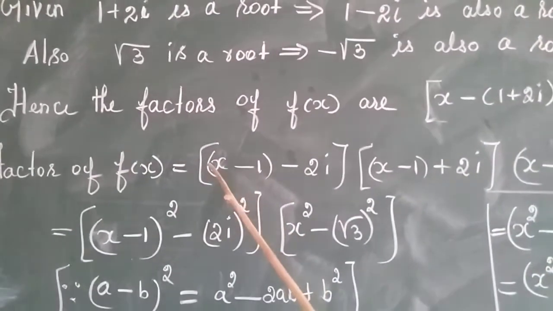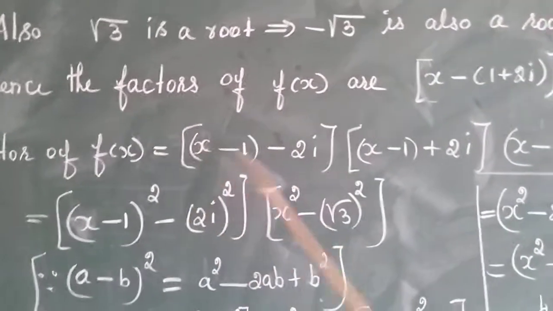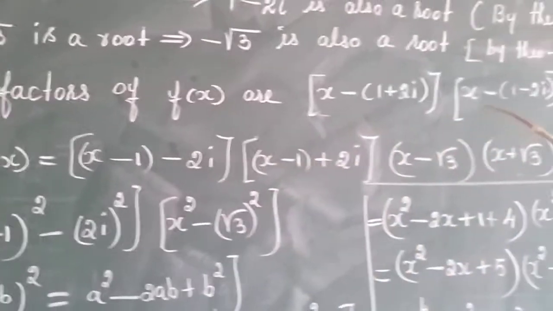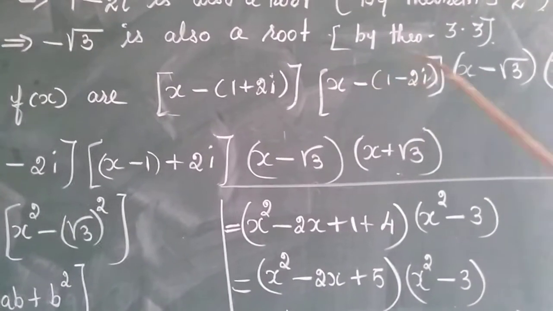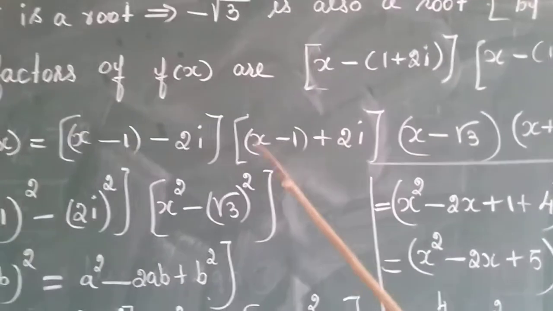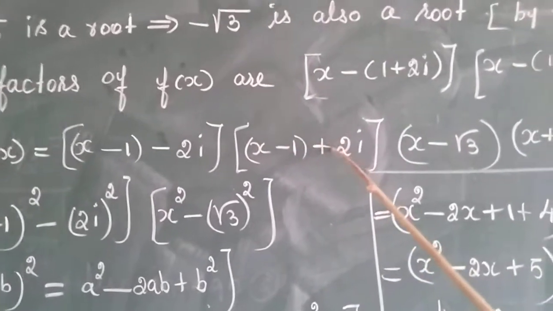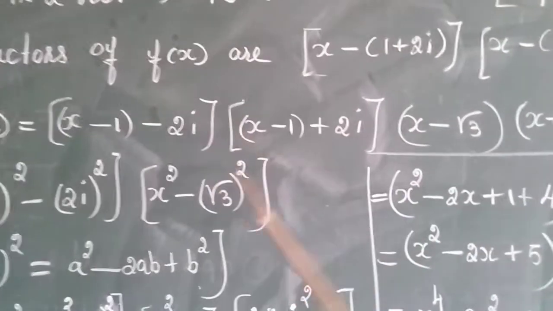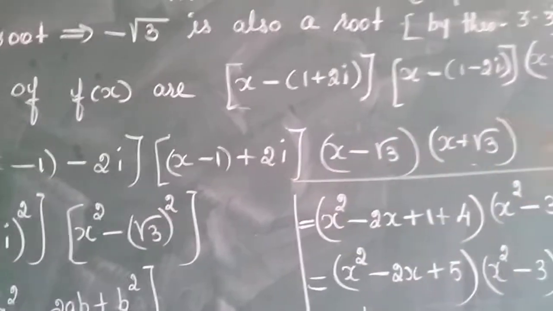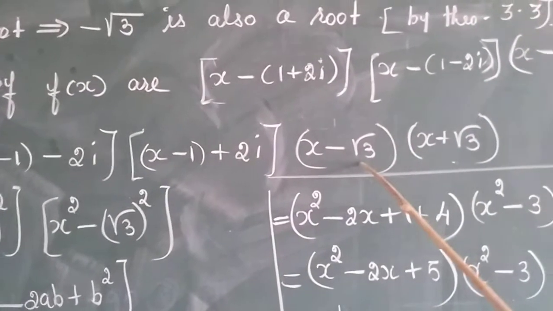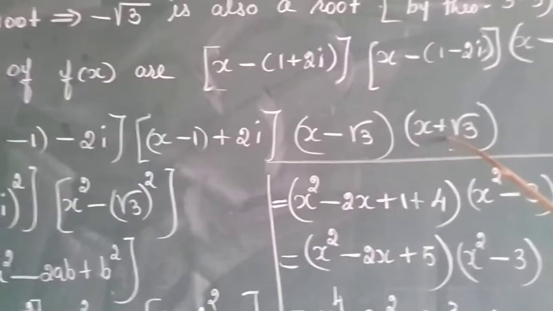So we wrote x minus 1 separately and minus 2i. Here also when you multiply with the minus sign, you will get minus 1 plus 2i. So we wrote x minus 1 separate, and plus 2i, this is the imaginary part. And here x minus root 3 and x plus root 3 we are writing as they are.